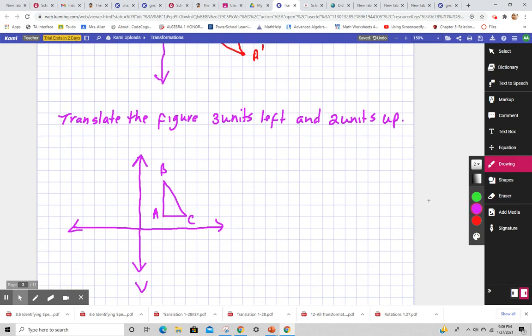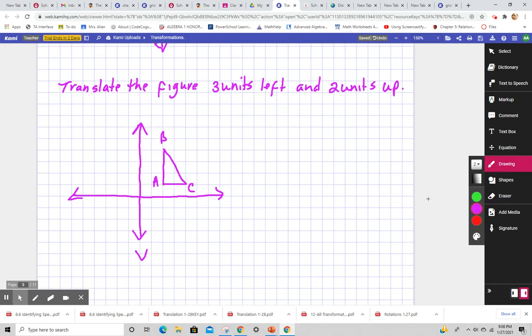All right, last one. Translate the figure 3 units left and 2 units up. We'll start with A. 3 units left, 1, 2, 3, and 2 units up, 1, 2. So this is A prime. B. 3 units left, 1, 2, 3, and 2 units up, 1, 2. B prime.